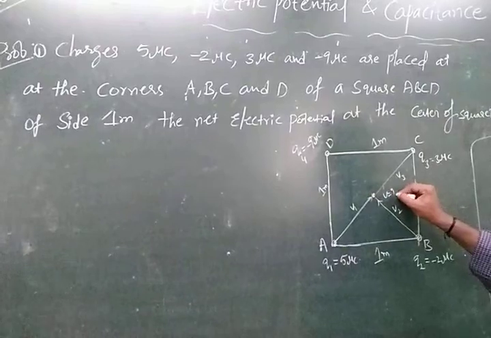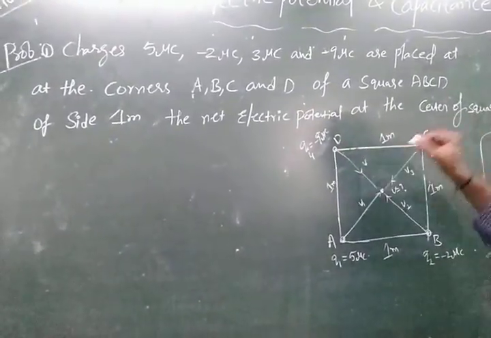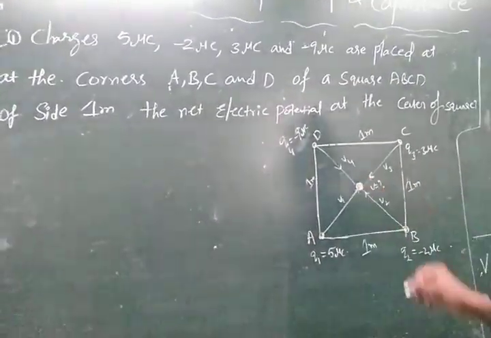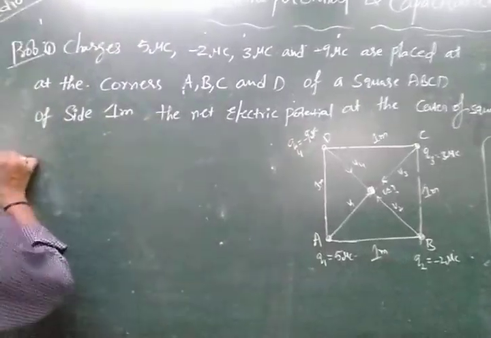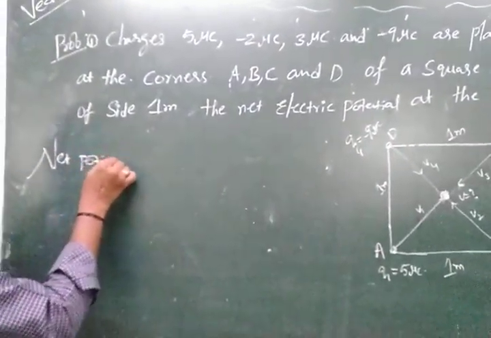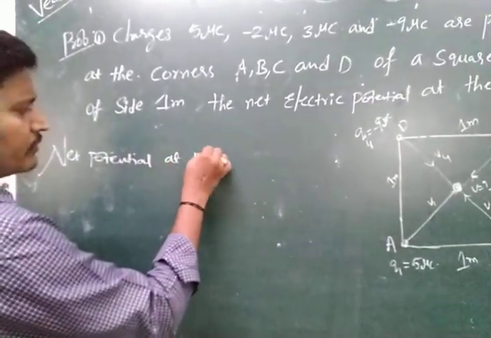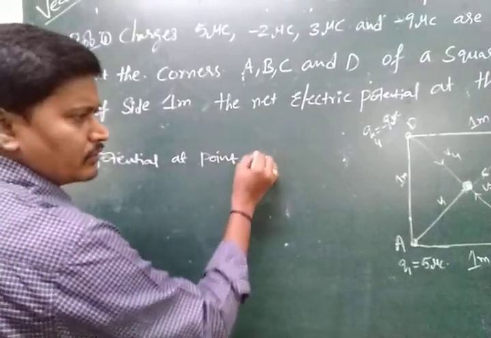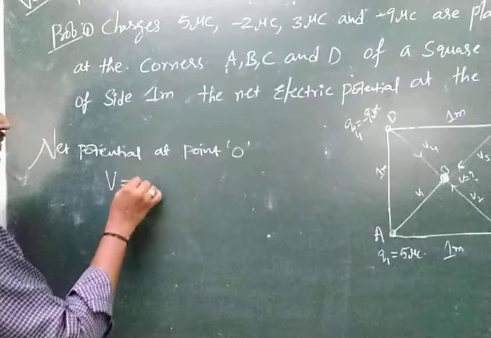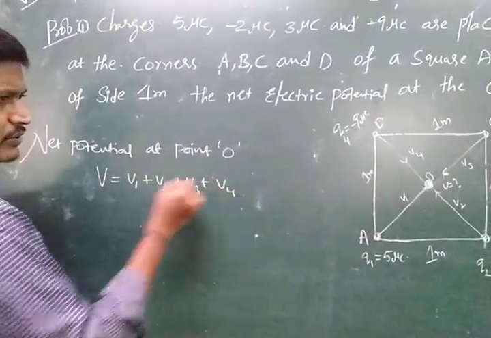Next, here to this point, this is V4. Then the net potential at this centroid, that is V, is the net potential at point O, V is equal to V1 plus V2 plus V3 plus V4.